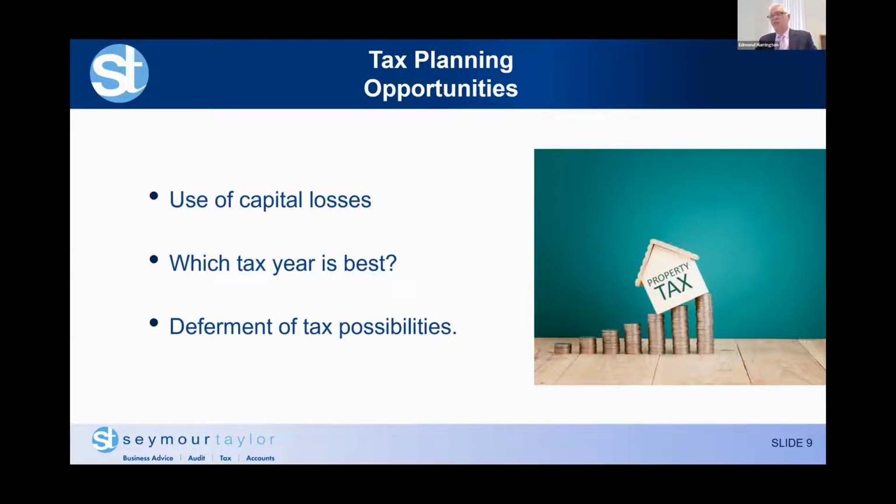Also, if the sale is around 5th of April, there could be some opportunity as to which tax year the gain is assessed in, and you might be able to influence that to your benefit. Just wish to stress again what Louise has said earlier, that there is a big distinction between exchange of contracts and completion.